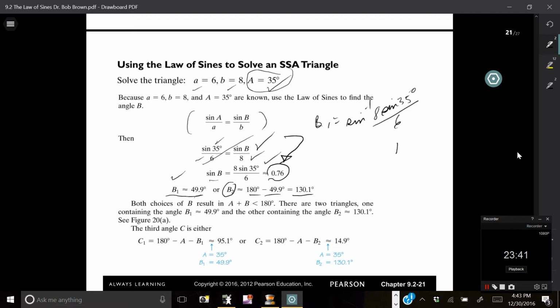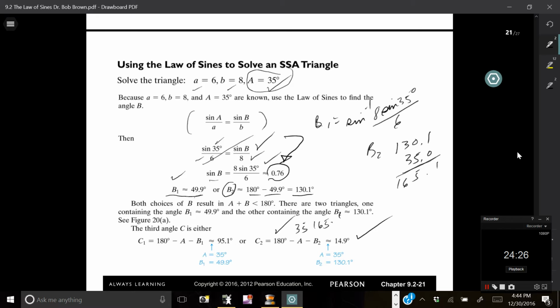If B2 is 130.1 and A was 35 degrees, that would leave us room for an angle C. C would be equal to 180 minus A, which is 35, minus B2, which is 165.1, equal to 14.9 degrees.